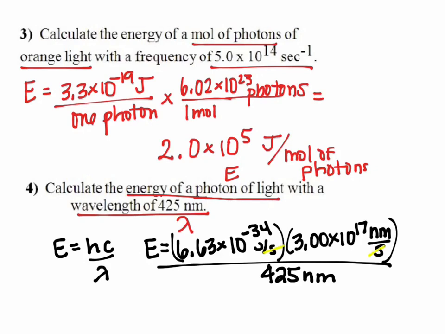So seconds go away, nanometers go away, and we're left with joules.